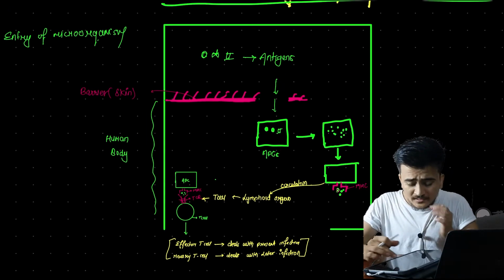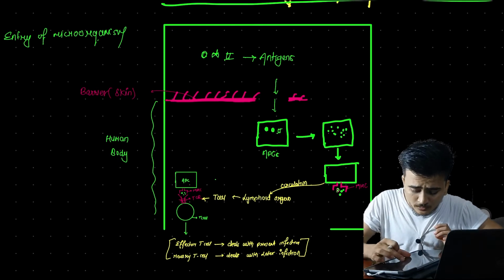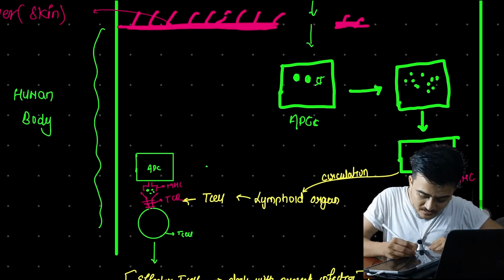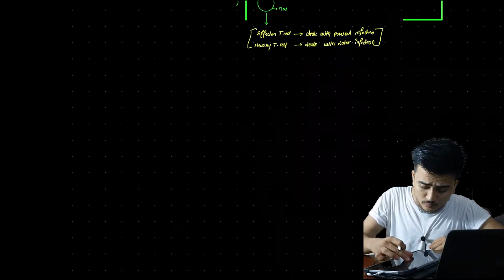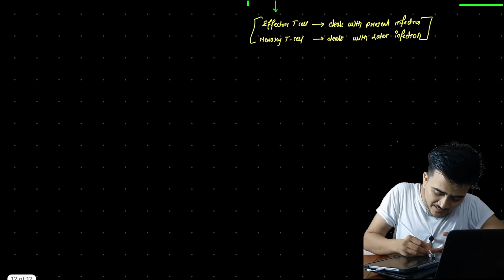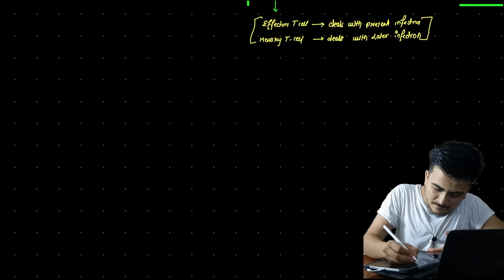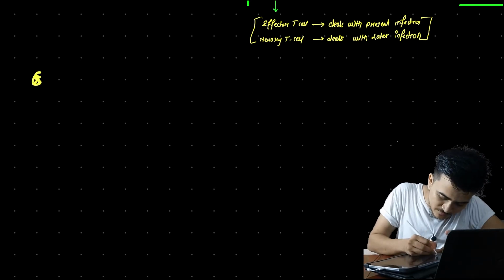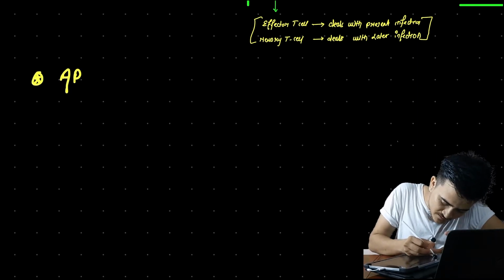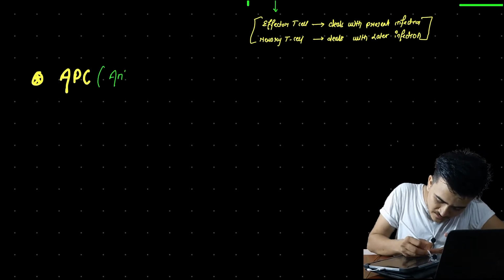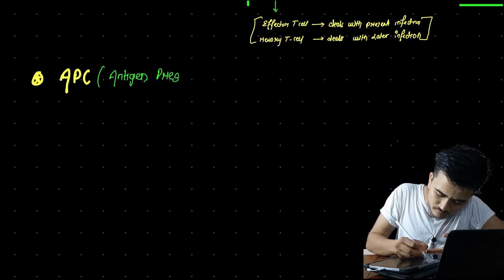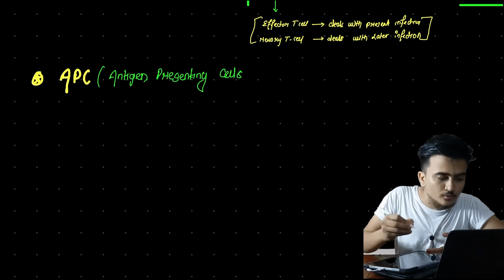Now, the thing that we were talking a lot about is APCs. Now let us know the detail about APCs. What are APCs? APCs are antigen presenting cells.